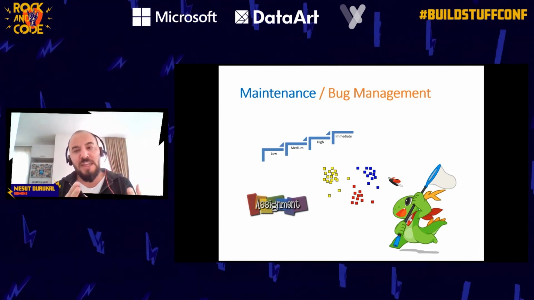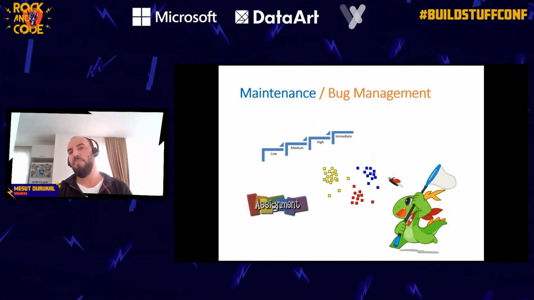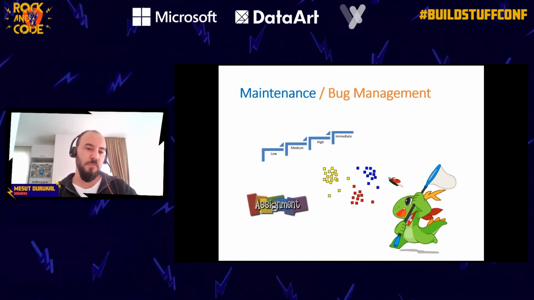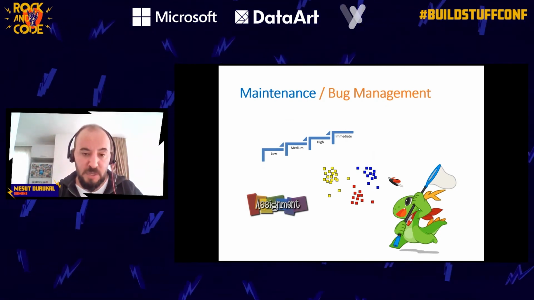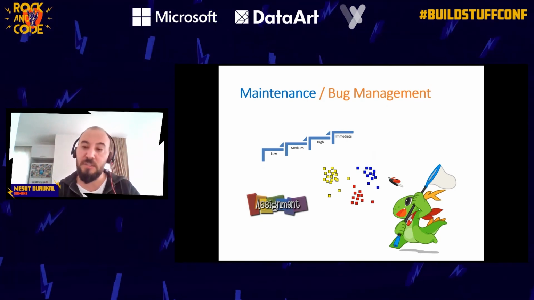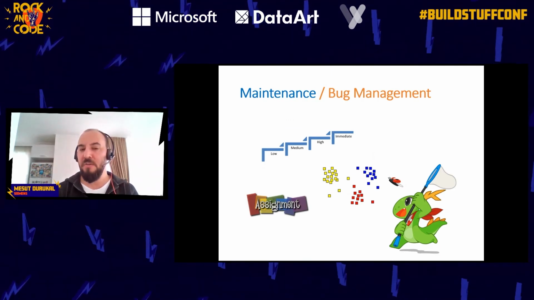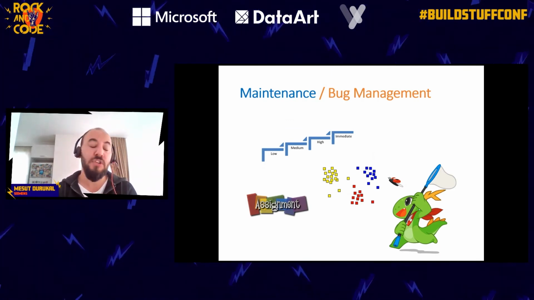Because if we assign a bug to a wrong person in the team, then what will happen? He or she will reject this bug, because she will tell us that, okay, you assigned this bug to me, but I'm not the correct one. Please assign it to another one. So again, see, it is a waste of time. We will lose days, and it is very critical to work efficiently.